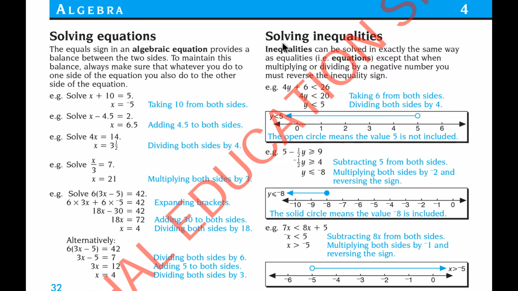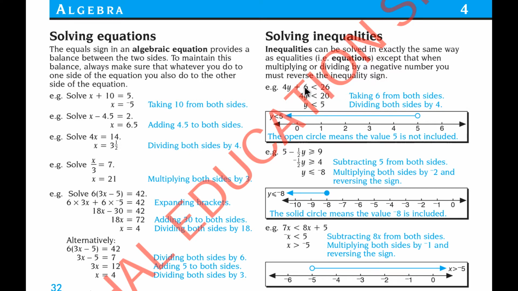Solving inequalities. Okay, in inequalities there are some special signs. One is greater than. Then there's another one called greater than or equal. Then you have lower than or equal. The other one is just the equal sign. Inequalities can be solved in exactly the same way as equations, except that when multiplying or dividing by a negative number, you must reverse the inequality sign.